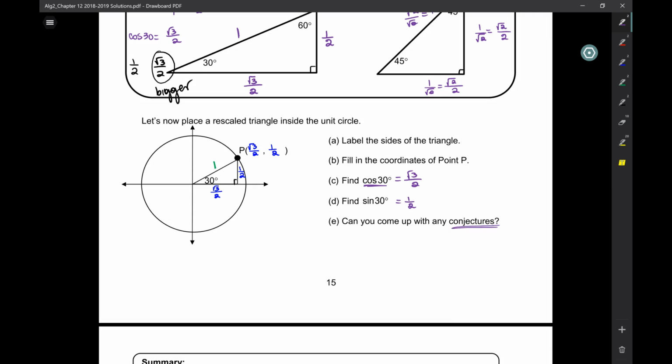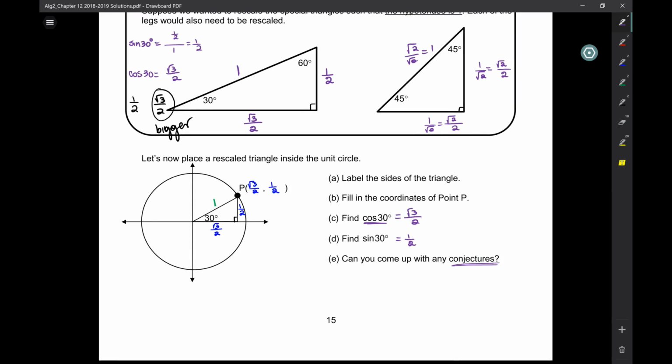Okay. Can you come up with any conjectures? So now it's your turn. Can you come up with any conjectures here? Based on what we've done, can you come up with any conjectures? What's a conjecture? Any theories, any patterns? What do you think?